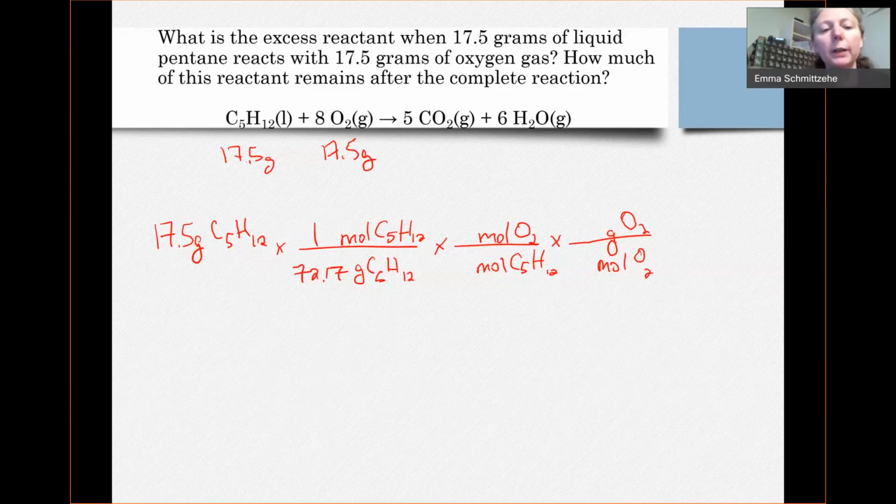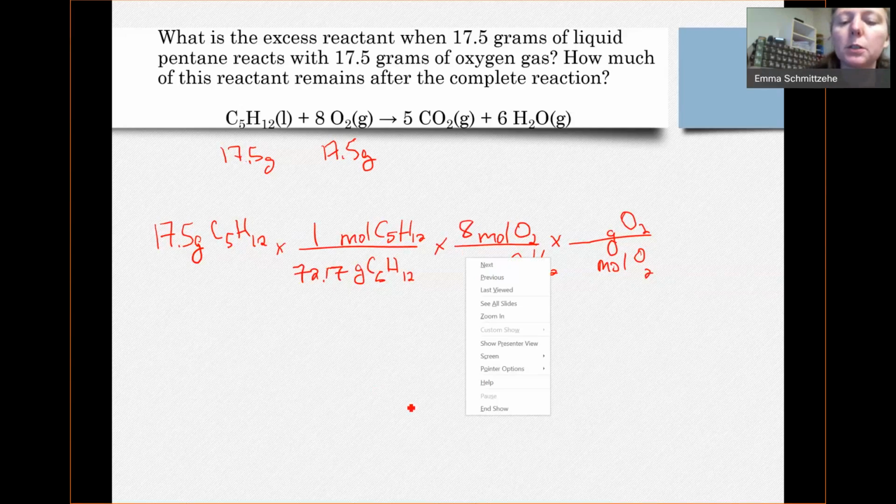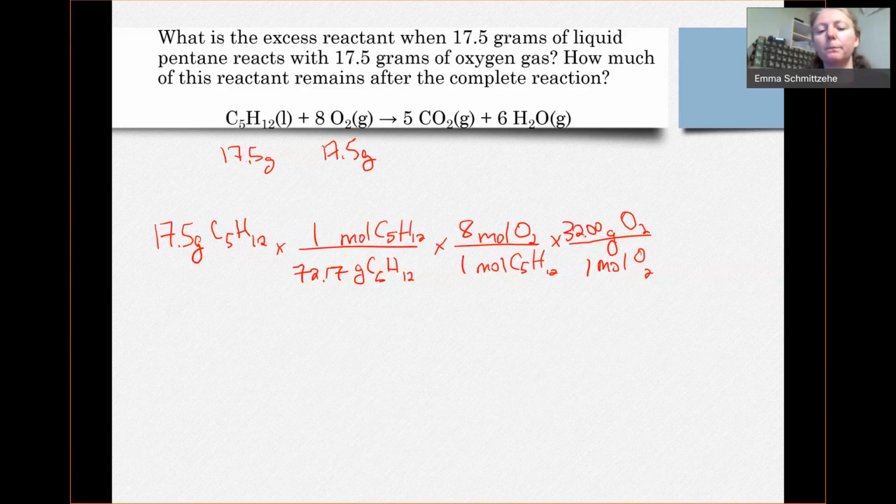And then the mole ratio I get from the balanced reaction, so 8 for O2 and 1 for C5H12. And then the molar mass of oxygen is 32.00 grams per mole. So that cancels the grams of pentane, the moles of pentane, and the moles of oxygen. And that's going to tell me how much oxygen is needed.